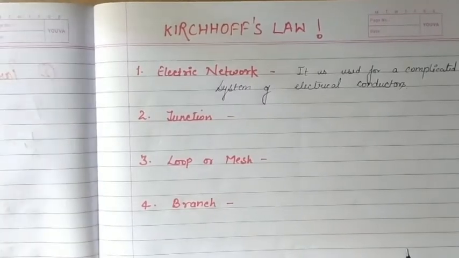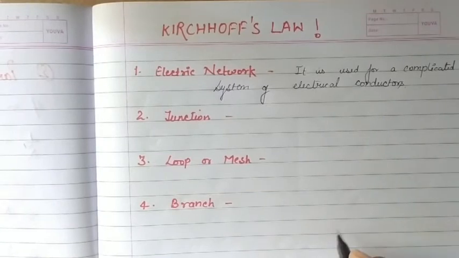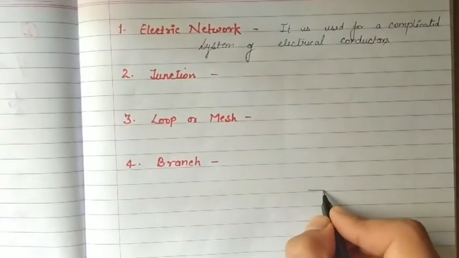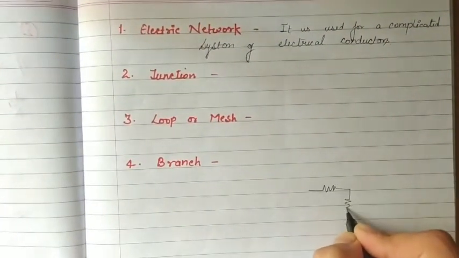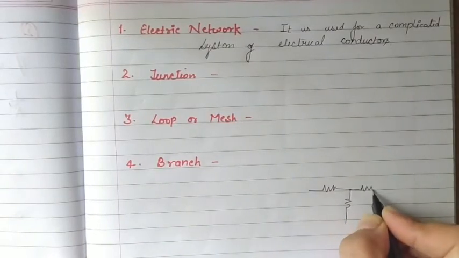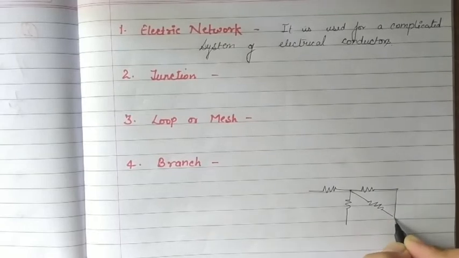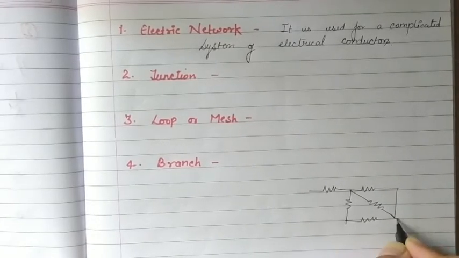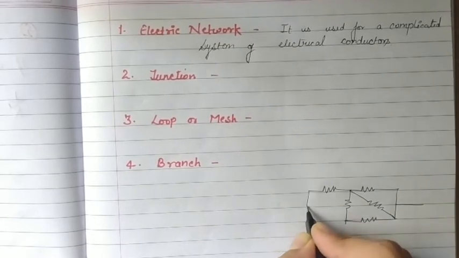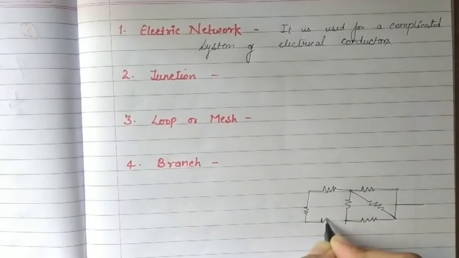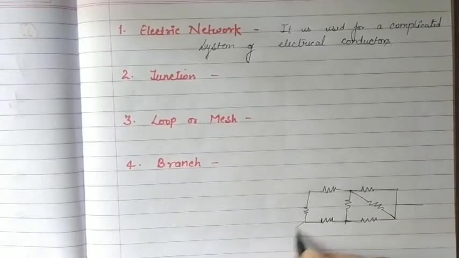When we have an electric network, suppose we have an electric network like this. Right? So this is a certain electric network.